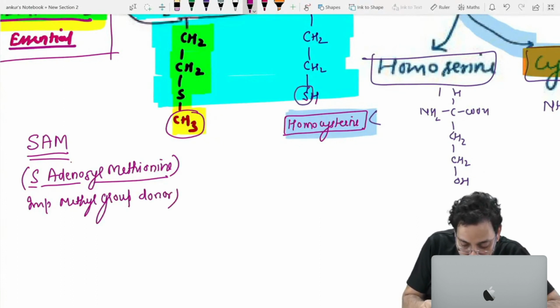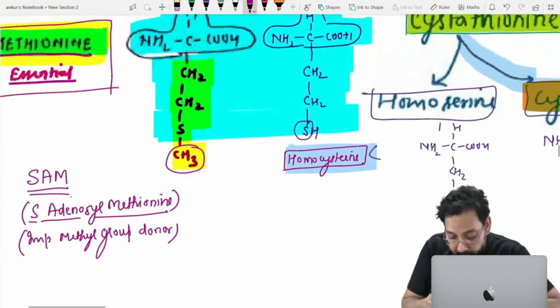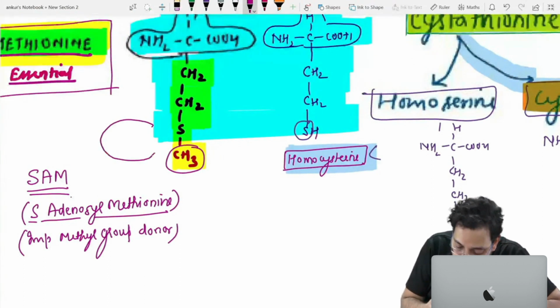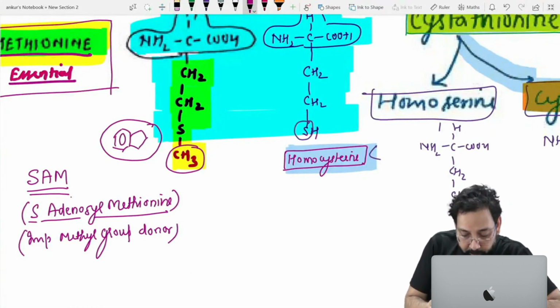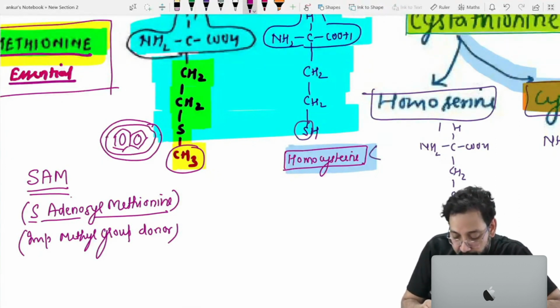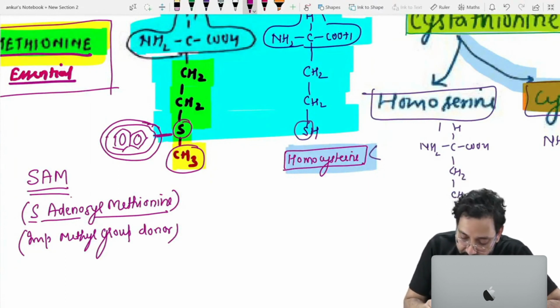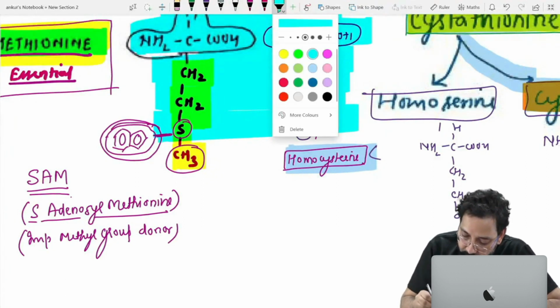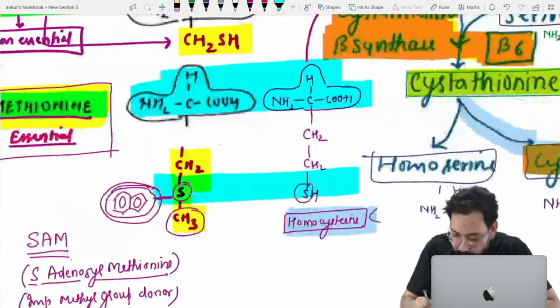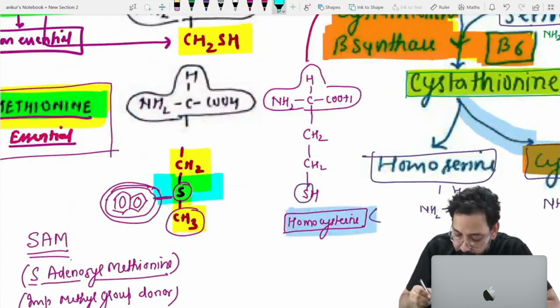So for the time being, just remember, suppose this is the adenosyl group. If you don't remember the exact structure, that's why I make a circular thing. This adenosyl group interacts with sulfur, meaning sulfur is attached with the adenosyl group. This is methionine, you all know this is methionine.